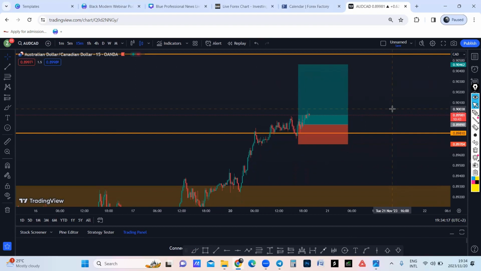I think it's at the opening of the Asian session that the market will give us very crazy gaps or slippage, something like that. So I don't have time to wake up during the night and remove stop losses, because the market can take you out during that gap.